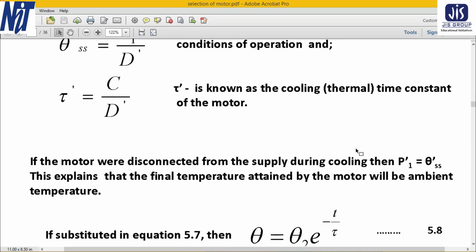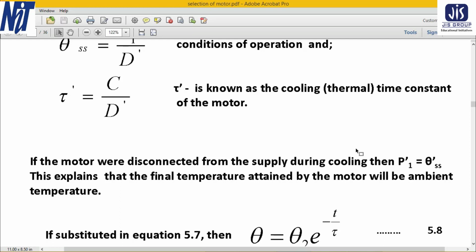Now if the motor were disconnected from the supply during the cooling, so first the load has been disconnected, now the motor itself is disconnected from the supply. So what will happen?